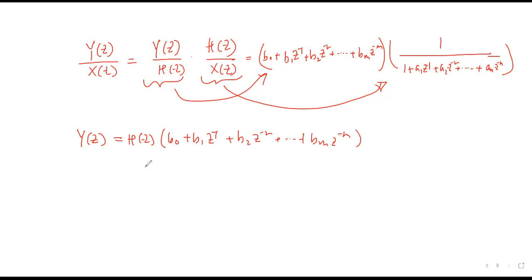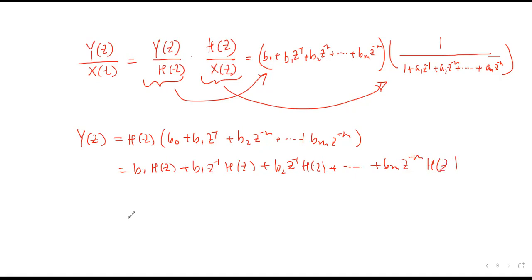Okay, so now if you multiply this, you get b0 H(z) plus b1 z inverse H(z) plus b2 z inverse H(z), going on up to bm z to the power minus m H(z).